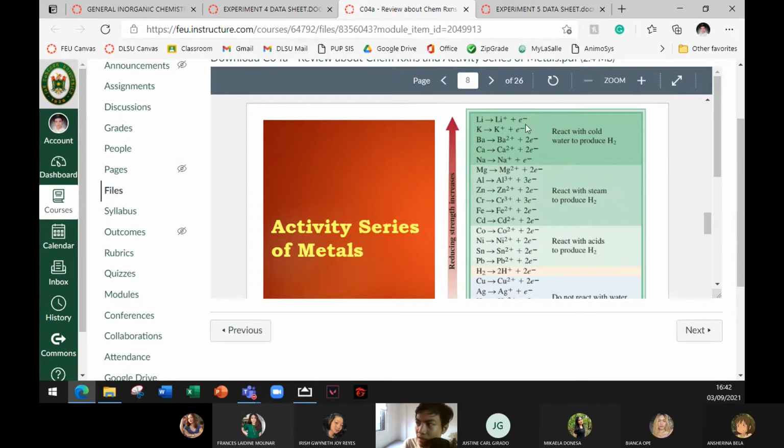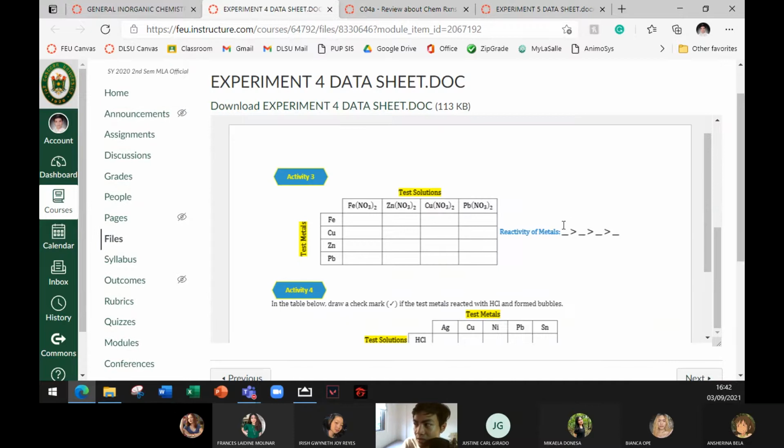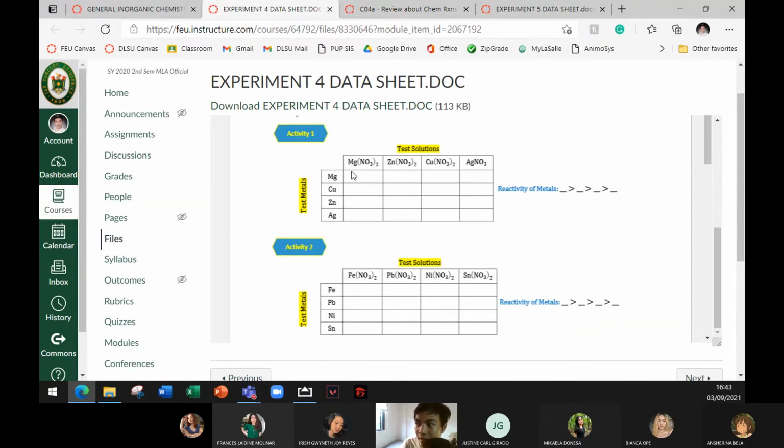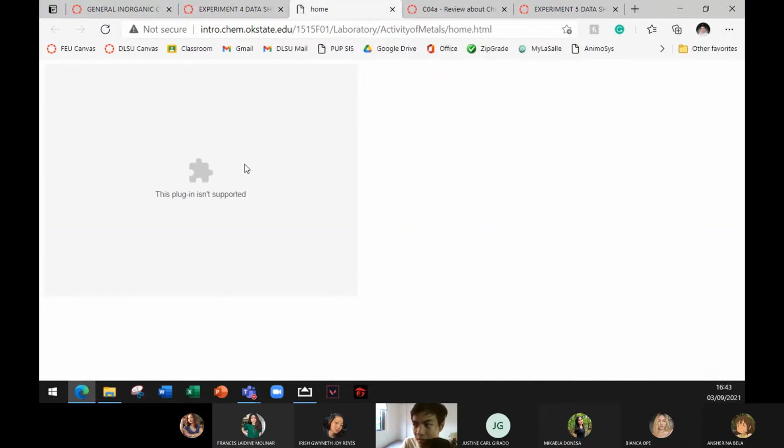Again, kung sino nasa taas, yun yung highest in terms of reactivity. Kung sino yung nasa baba, yun yung lowest in terms of activity. So, irarank mo lang sila from highest to lowest. Wala na tayo masyadong input dito because hindi na gumagana yung link. Dead na yan kung na-check nyo. Plugin is not supported kasi pinatay ng internet yung Adobe Flash.